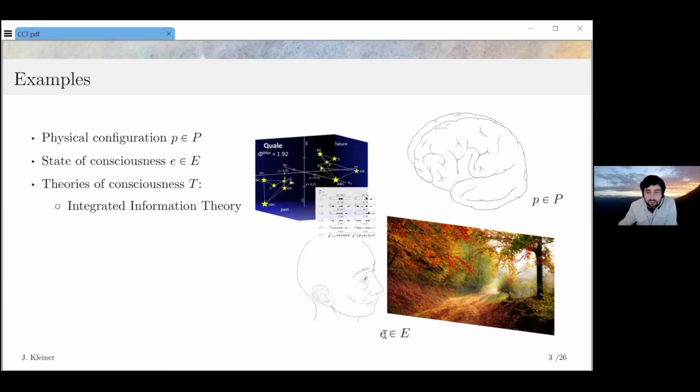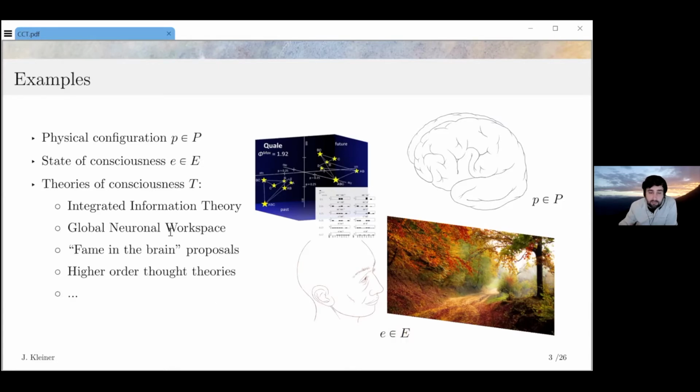They're claimed to be identical to a state of experience. At this point of the talk, it doesn't matter how exactly this identity is established or what operational meaning it has. What matters is just that you have this space. But basically any other theory among those typically discussed in science has this structure as well.